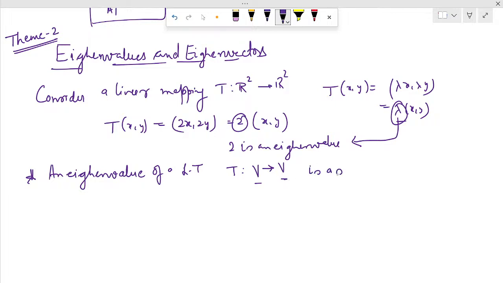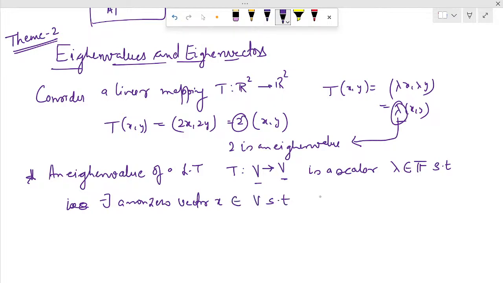It is a scalar lambda belonging to field F such that there exists a non-zero vector x belonging to V such that if I do Tx, I get lambda x.